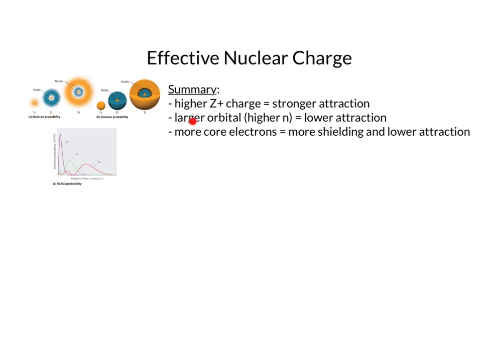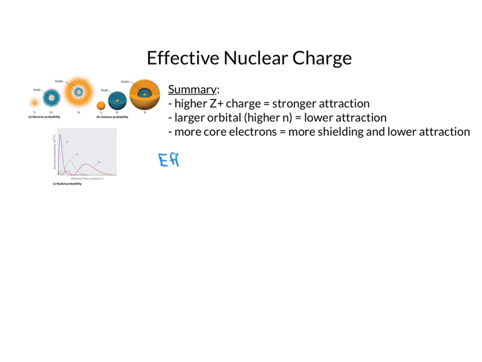The larger the orbital, the further away that electron is most likely to be, and the lower the attraction to the nucleus. And finally, the more core electrons we have shielding the nucleus, the more shielding we get, and that lowers the attraction of the valence electrons to the nucleus.